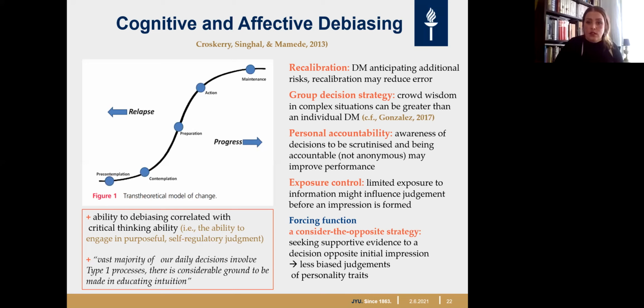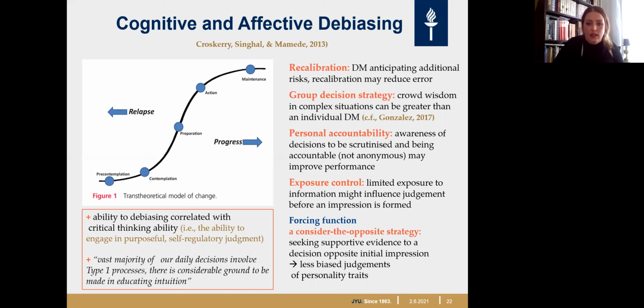Then there are also these forcing functions, and this is one example of those, how we can force people to do something for debiasing to occur. One way is the consider-the-opposite strategy: seeking supportive evidence for a decision opposite to the initial impression.